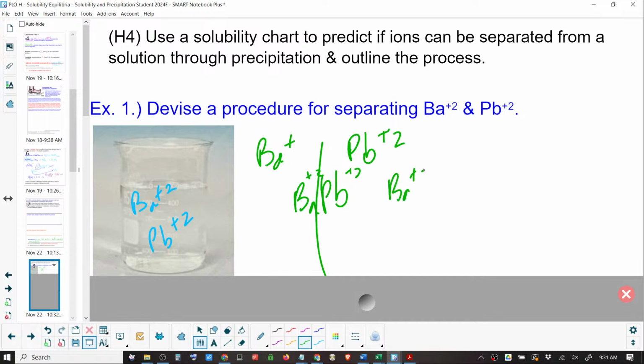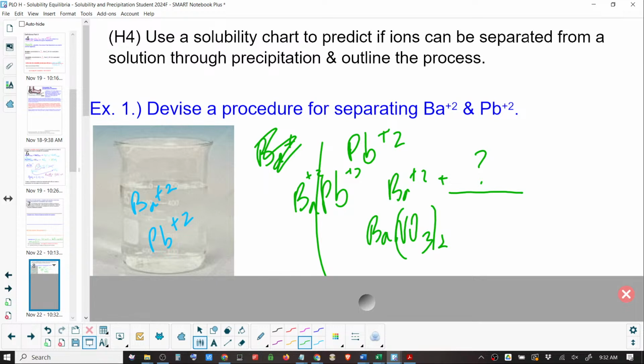You want to add them to something that's going to make it precipitate. If it makes you feel better, you could make it a nitrate, but it's just Ba 2+ plus something. We have one so far that works. So erase your BaPb.